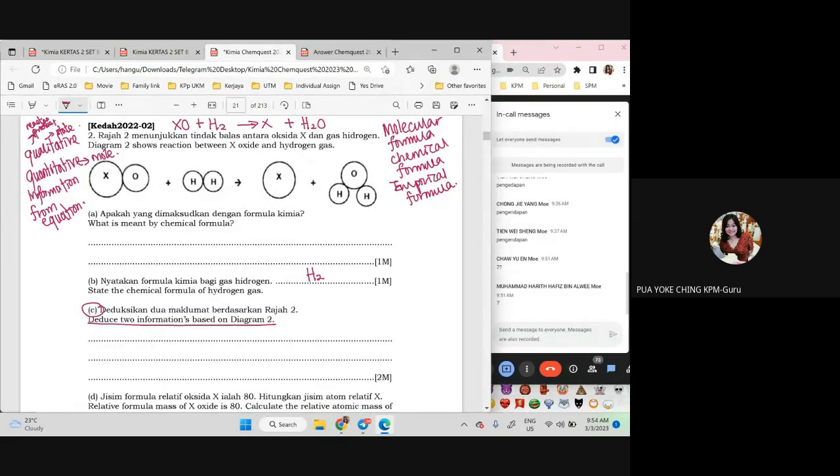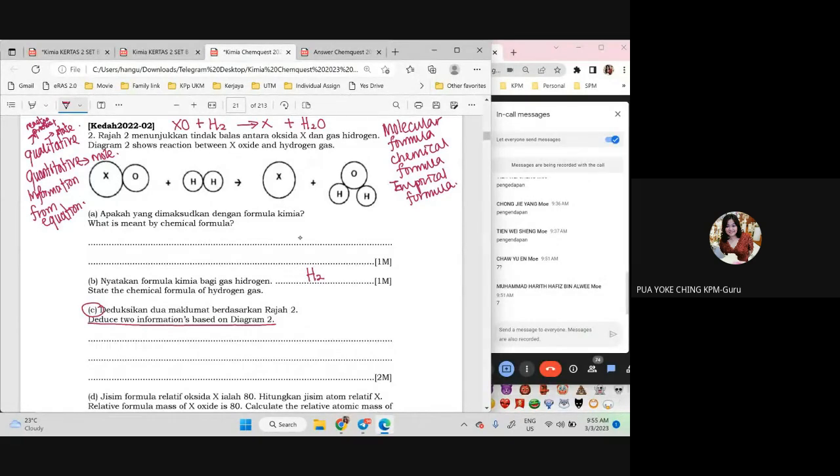Bagi persamaan kimia, dia tanya apa maklumat yang boleh didapatkan daripada persamaan kimia. Yang ni, dia hanya tukarkan persamaan kimia itu kepada gambar rajah. Your answer is still the same.